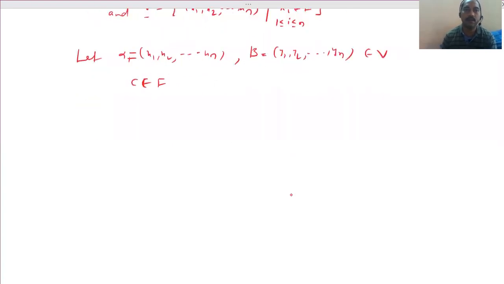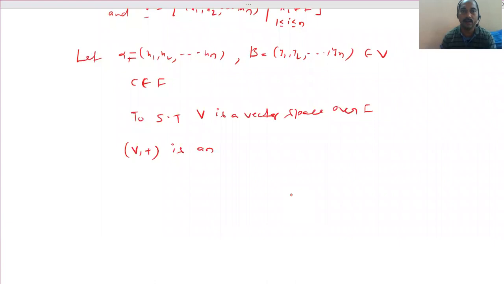Now our goal is to show that V is a vector space over the field F. For this purpose, we want to show that (V, +) is an abelian group.